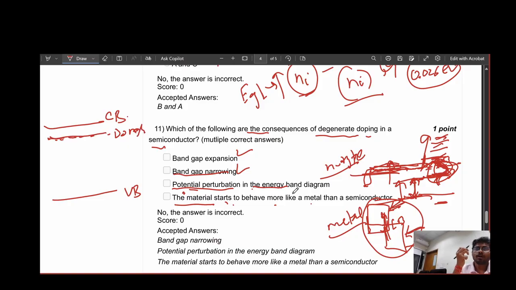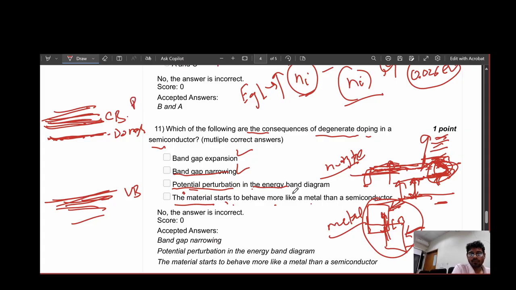So this donor level is a single level if the concentration of the dopant is low, because the dopant atoms are not interacting with each other. But this is a band, with many energy levels because of the silicon atoms. The donor level is because of, let us say, phosphorus.